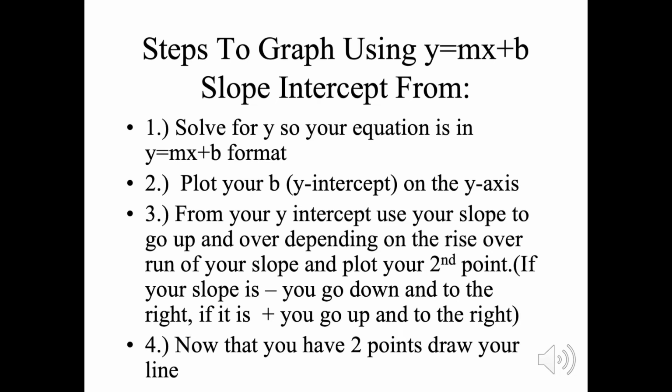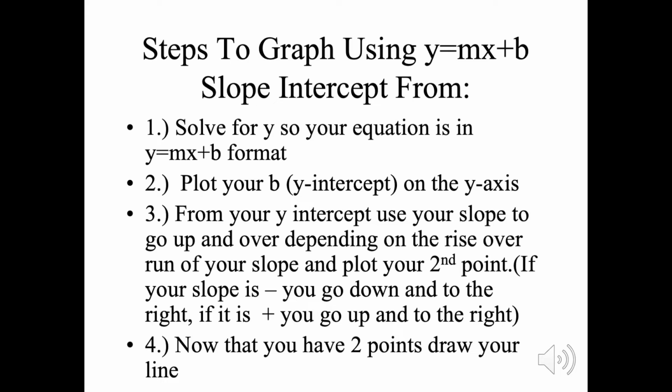So you get given a y equals mx plus b form equation, and you're told to graph it. Now, here are some steps on how to graph it. Firstly, you have to solve it and put the equation into the y equals mx plus b format. For example, some of the earlier equations we had were not in the y equals mx plus b format. The x might have been on the wrong side, or there might have been a number in front of the y. So we can simply remove them and put it into the y equals mx plus b format by modifying the equation.